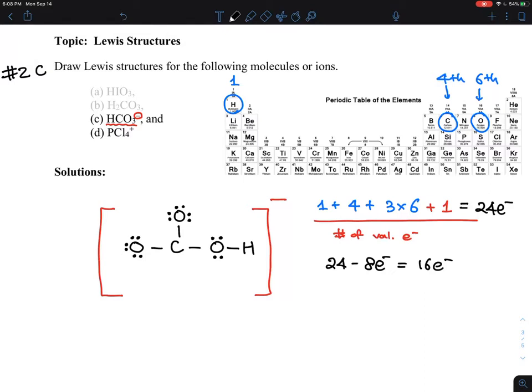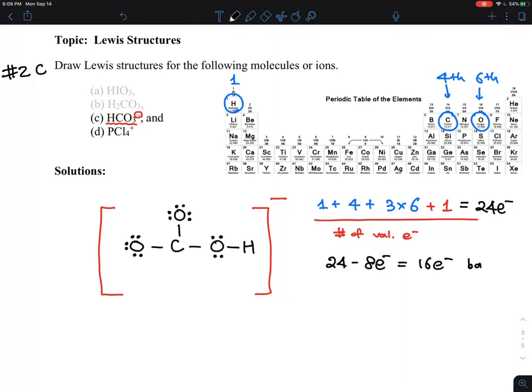So you're done using them. That's 8 electrons from the bonds, and the 16 left over are used as lone pair electrons, and you have no electrons left for the atom in the center.